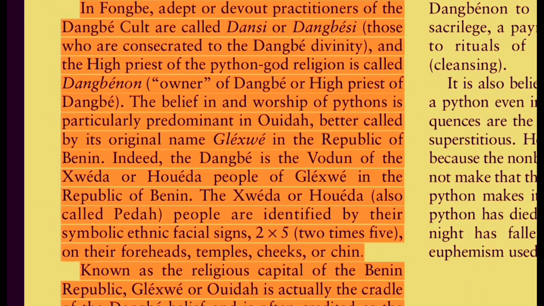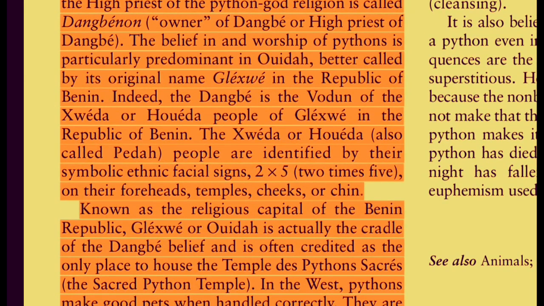Here it says, in Fon, adept or devout practitioners of the Dangbe cult are called Dansi and Dangbasi, those who are consecrated to the Dangbe divinity. It says the belief in the worship of pythons is particularly predominant in Whydah, better called by its original name, Ouidah, in the Republic of Benin.